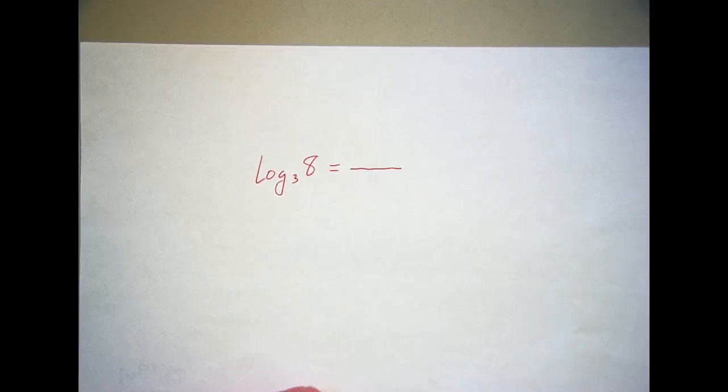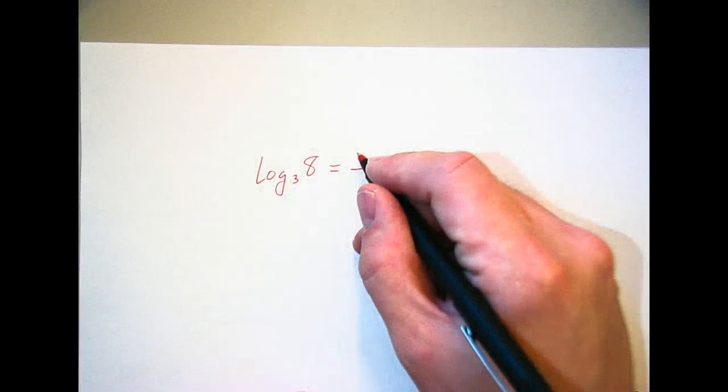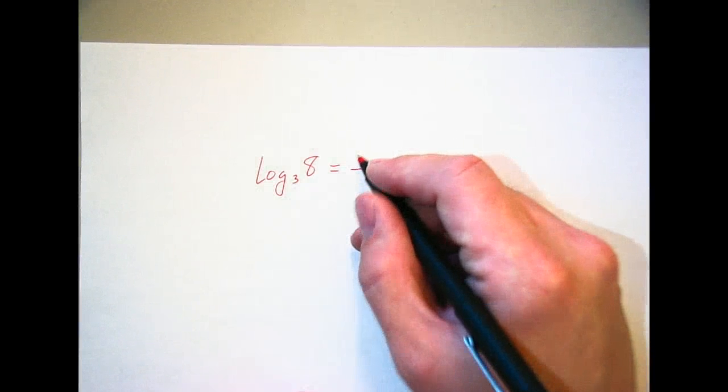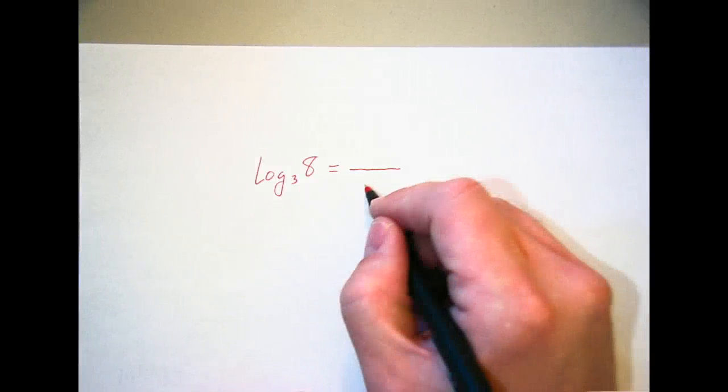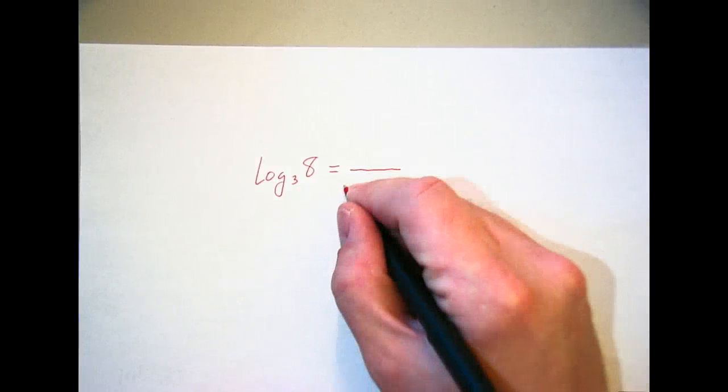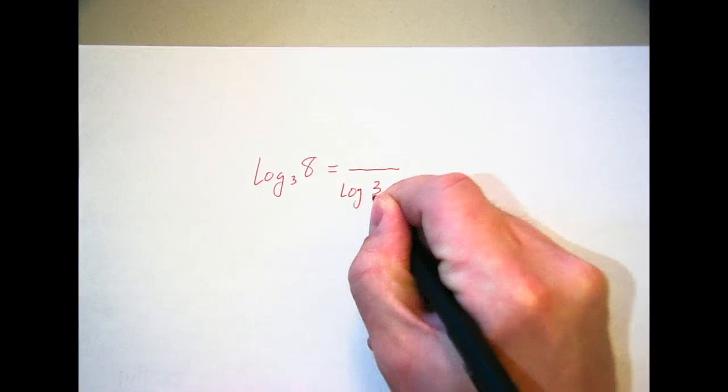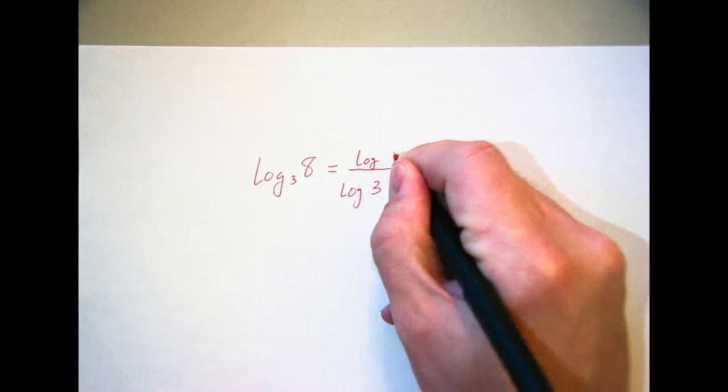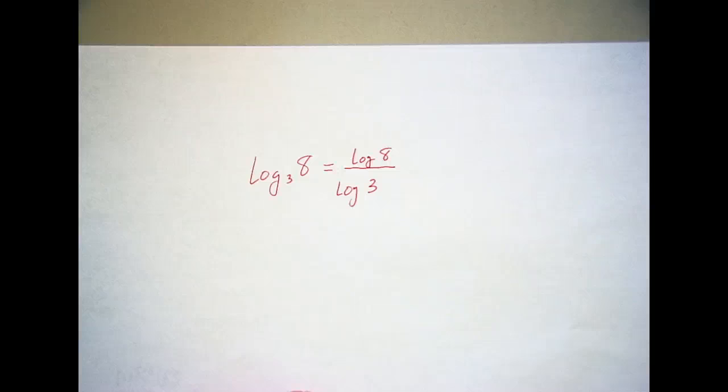Tell your neighbor what goes on top there. Okay, does the base go in the basement or above? Basement. So log 3 and log 8. So log 3 divided by log 8.